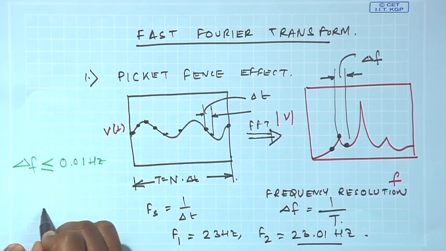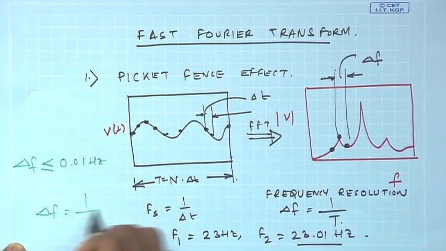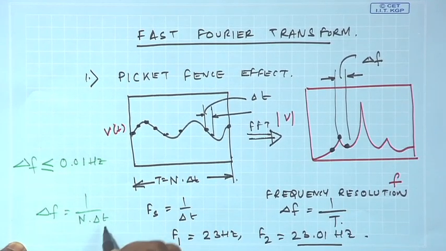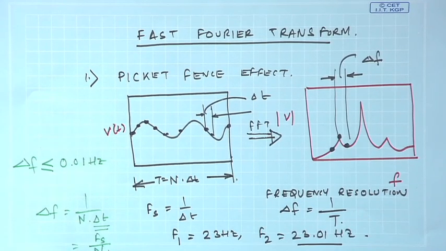But you see, delta f is nothing but 1 by n times delta t. If my sampling frequency f s is fixed, I can only increase n.